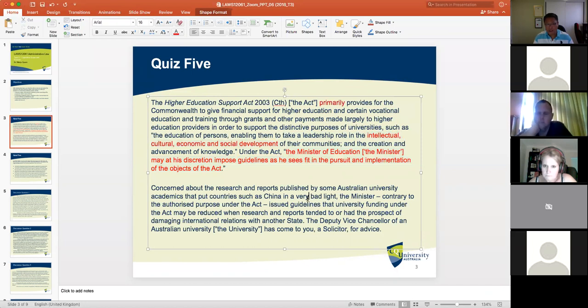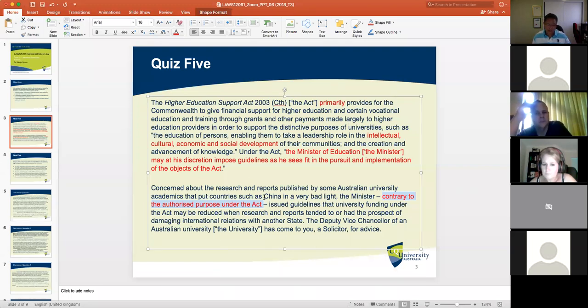Now, what the minister has done, and we admit under the facts that it is done contrary to the purpose of the Act, was to issue guidelines which tended to protect the relation of Australia with China, which in a sense is a very laudable purpose, isn't it? Because China is a very important state and a strategic partner, perhaps, of Australia.